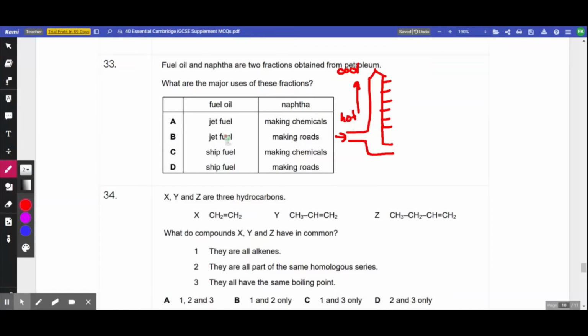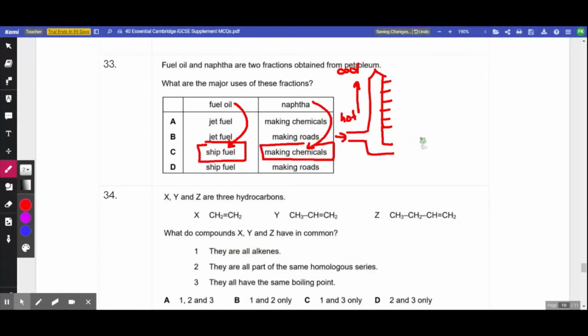So the right answer for this has to be obtained by knowing that ship fuel comes from fuel oil, which is a fraction, and naphtha, which is one of the fractions as well, is used to make chemicals.